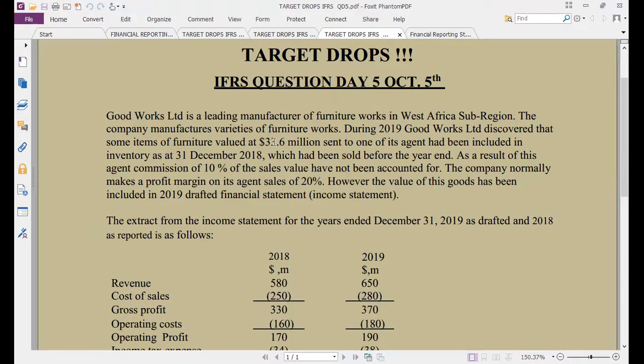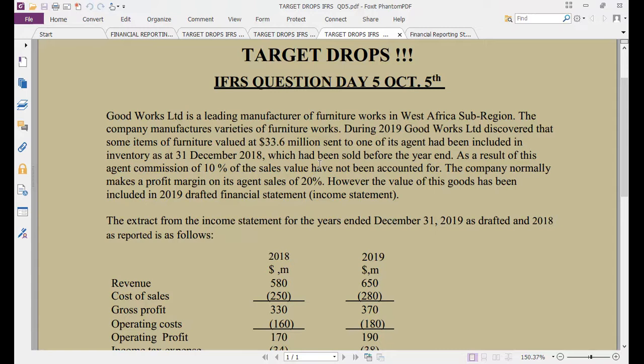Then these goods had been added to their inventory. Meanwhile, they had been sold before the year end. So before 2018 ended, the goods were not there. They had been disposed of. So probably that could be an error. It means that some of the items they added to their inventory do not exist.